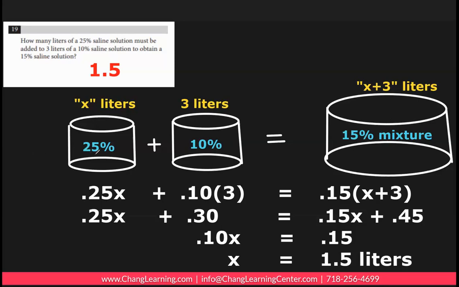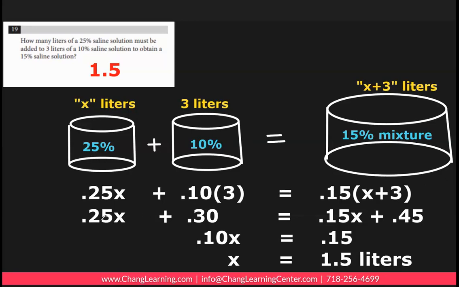In terms of salt, it's 25% of x liters, or 0.25x. The saline in the 10% is 0.10 times 3, because we know 3 liters are in this cup. And finally, 15% times (x plus 3) will be the saline content of the mixture.